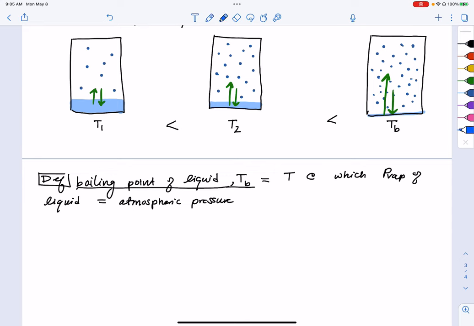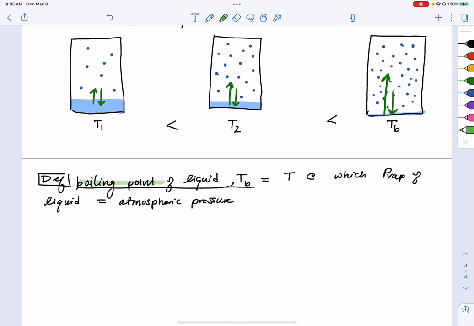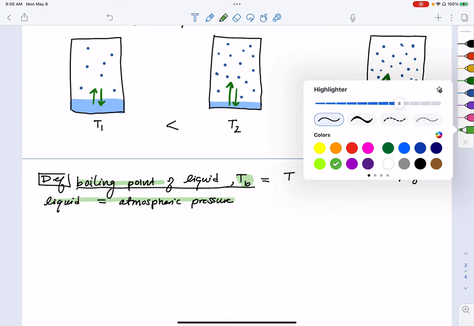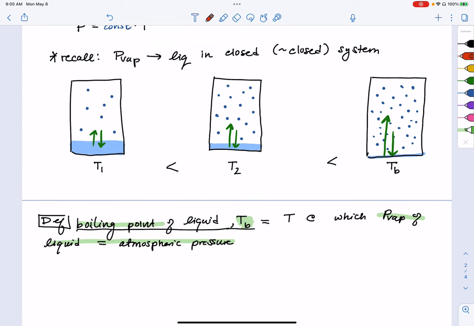So the boiling point of a liquid, by definition, is where the vapor pressure of that liquid is equal to atmospheric pressure. So we see this exponential increase, not proportional.